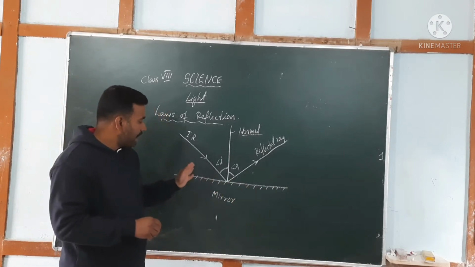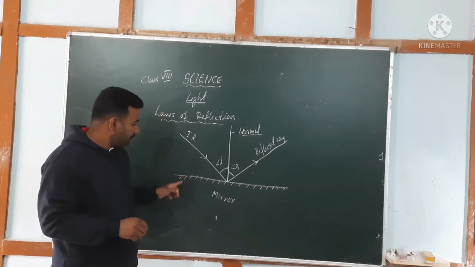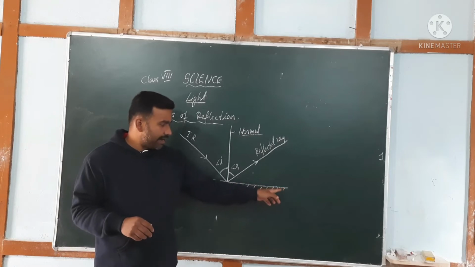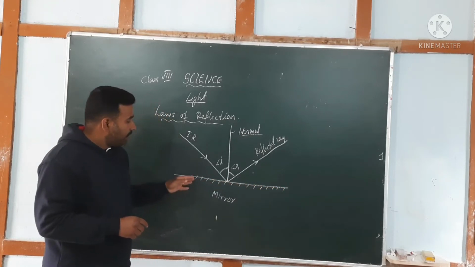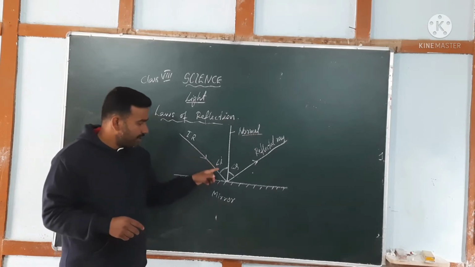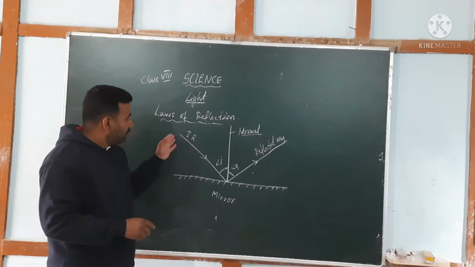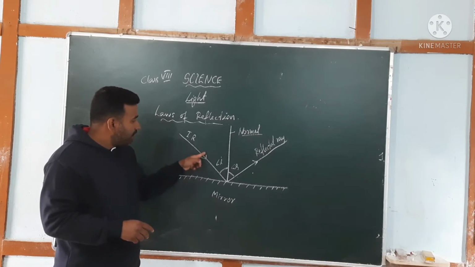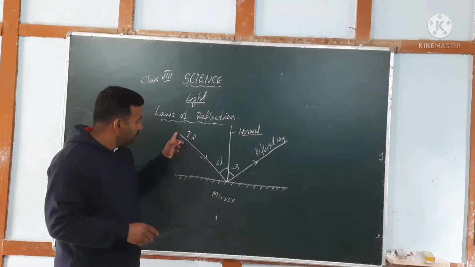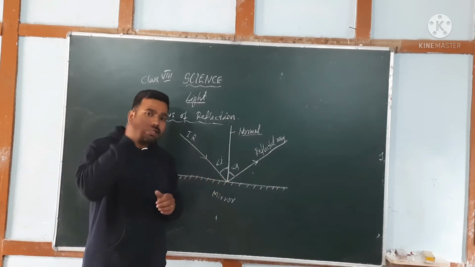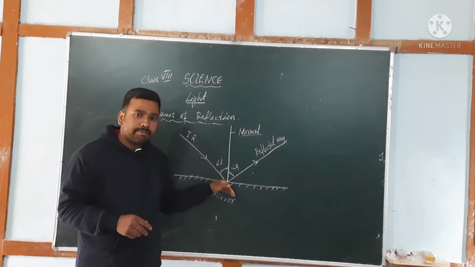So look at this diagram. Here I have drawn a mirror, this line with markings, shades. This represents a mirror. And here I have drawn one more line. This represents a ray of light. I have put an arrow mark pointing towards the mirror. So this line represents the incident ray, the light which is falling onto the mirror.